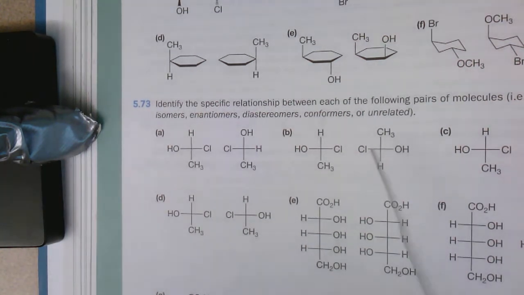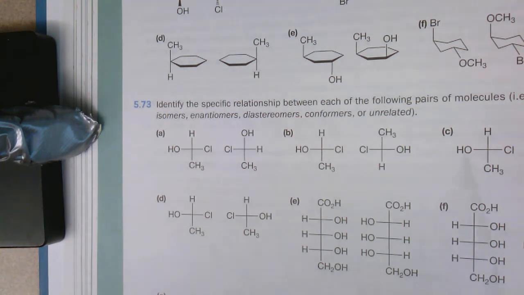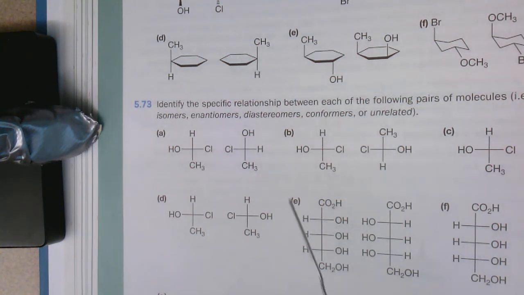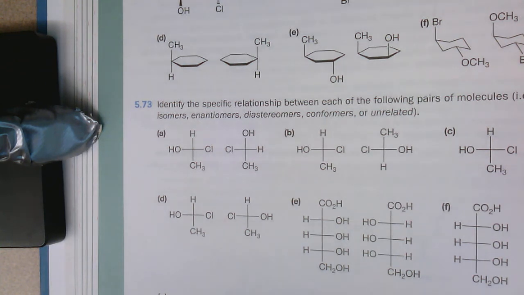Okay, we want to know, are these the same, constitutional isomers, enantiomers, diastereomers, conformers, or different molecules? The key for this is thinking about those operations that we talked about in the in-class exercise on Fischer projections last Friday, the 24th.